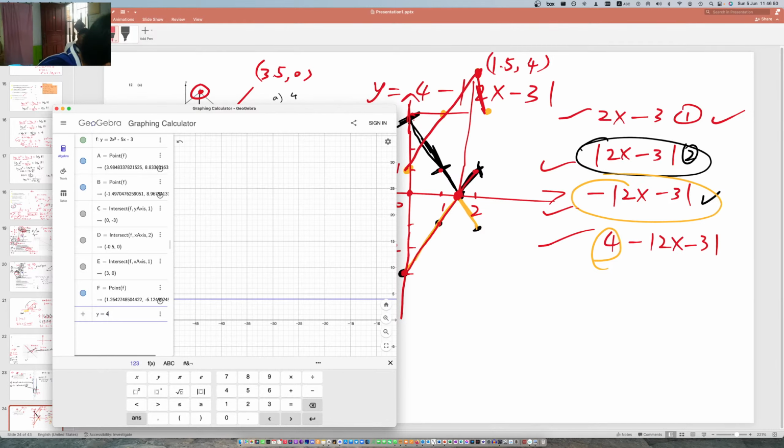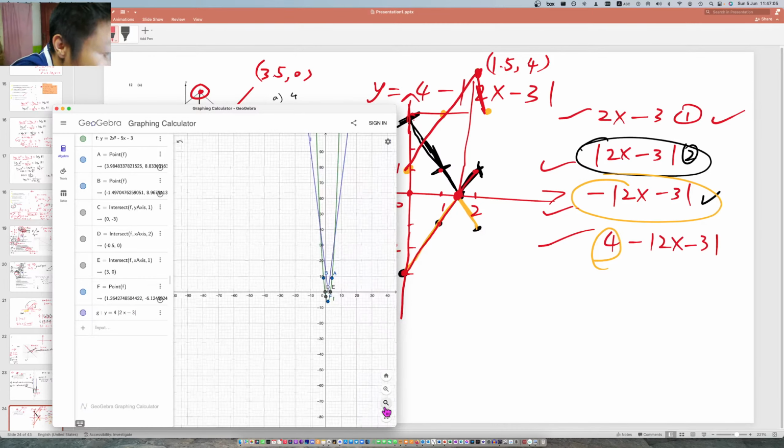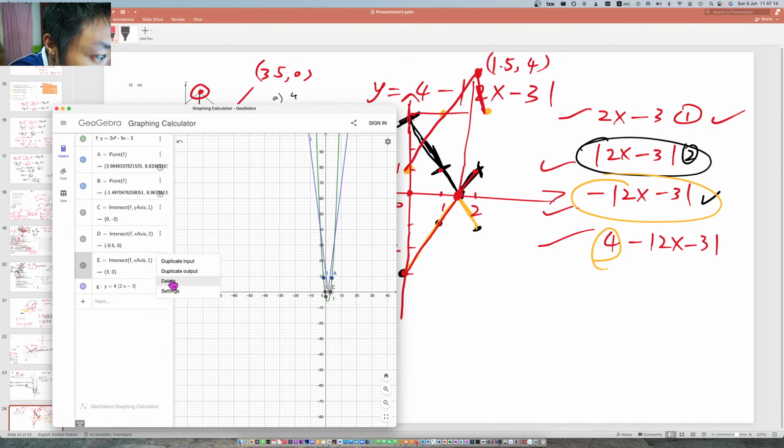Wow, some of the coordinates are so crazy. What do you mean by some of the coordinates are so crazy? See, I got 1.2647. Which one are you talking about? Yeah, that one. Yeah, that's the one you're pointing. So I need to delete.